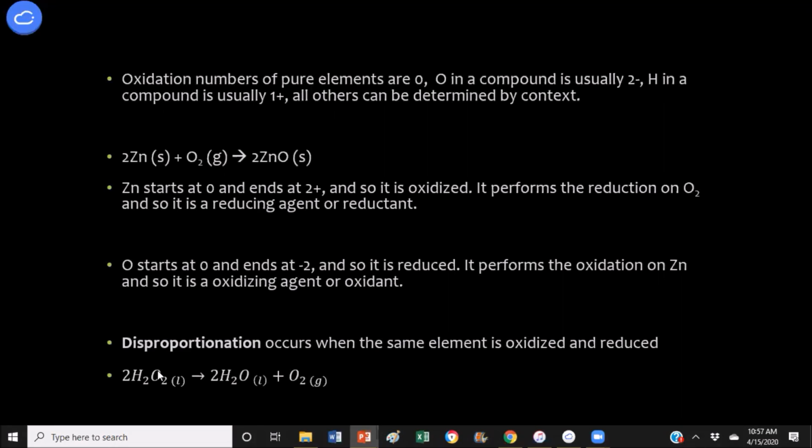So what we see is 2 oxygens going from -1 to -2, and 2 oxygens going from -1 to 0. So 2 oxygens being oxidized, 2 oxygens being reduced as that breaks apart. And that is a naturally occurring process.